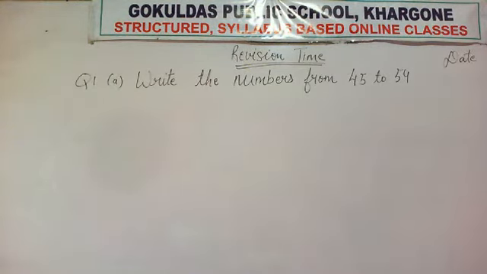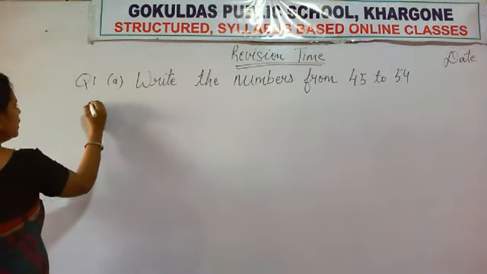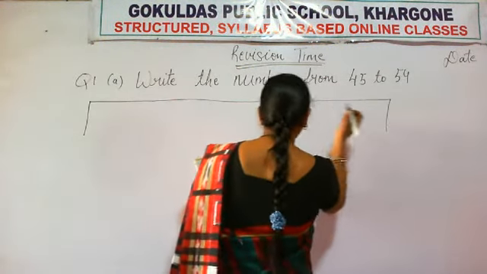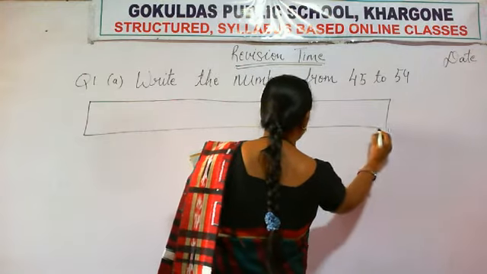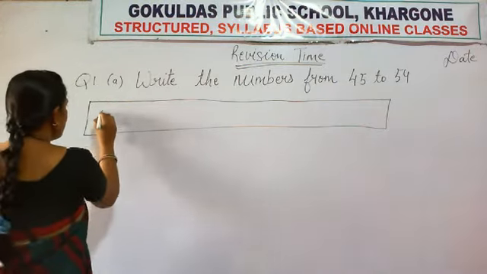Question 1, part A. 3 parts are given, A, B and C, and only one question is given. So I will write some extra questions also. Question 1A, write the numbers from 45 to 54. So write the answer. So 45 is written.